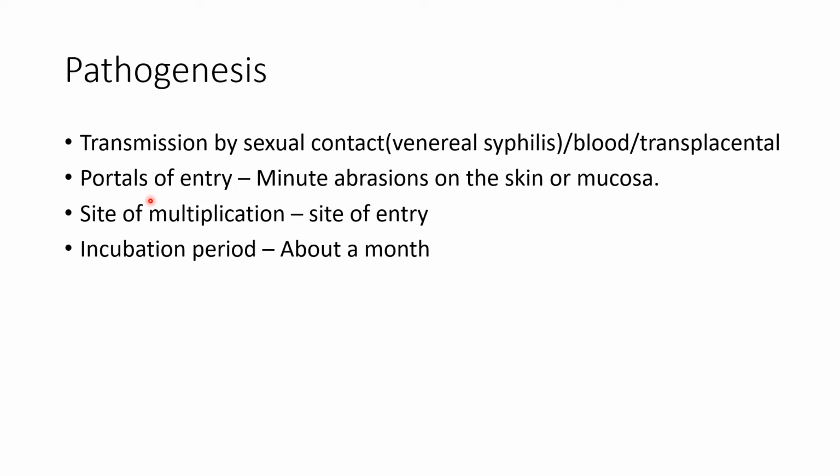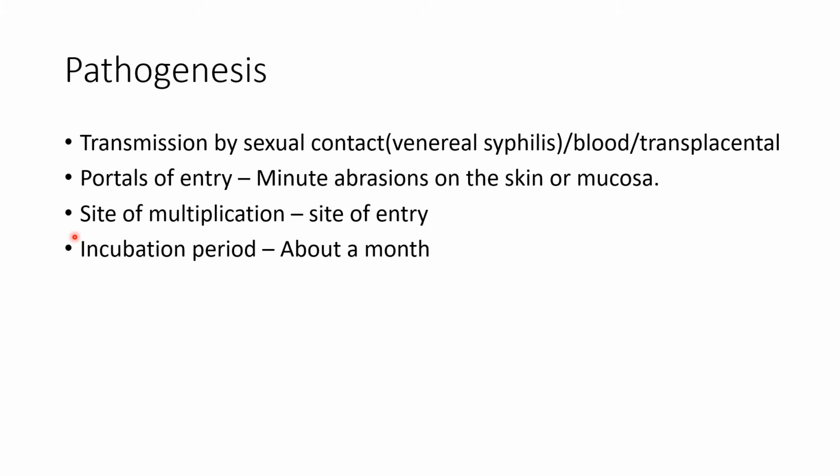And usually it enters the body through minute cuts or abrasions on the skin or mucosa. Healthy skin or mucosa usually cannot get the disease. If there is any damage in the mucosal layer, cuts, abrasions or cracks, through that route it will enter inside the human body. And even when it enters inside the human body, it is not going to spread very quickly.